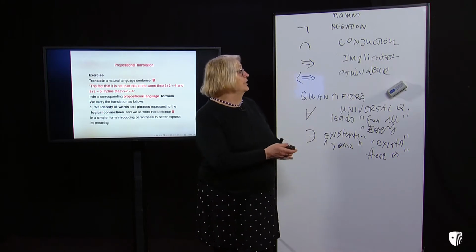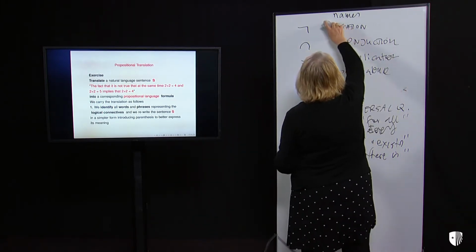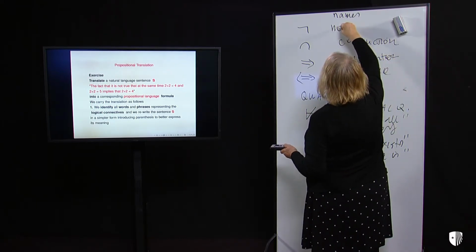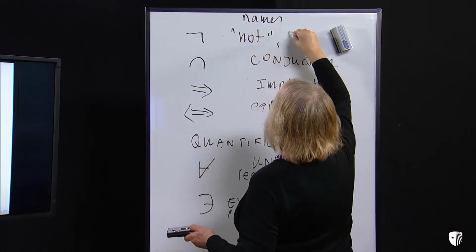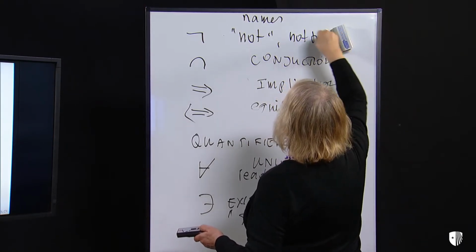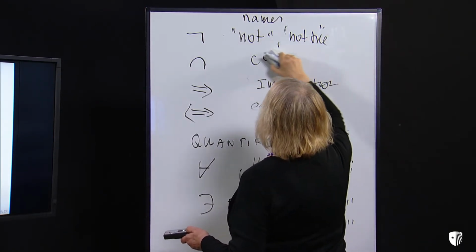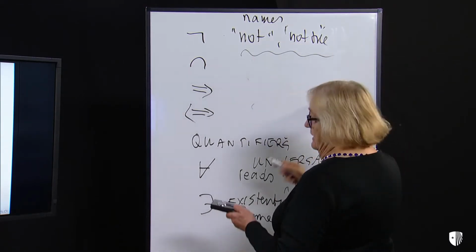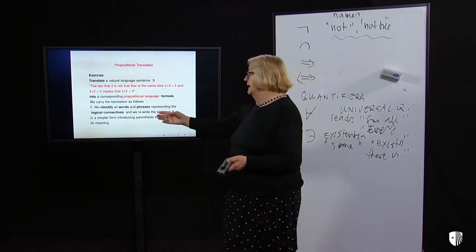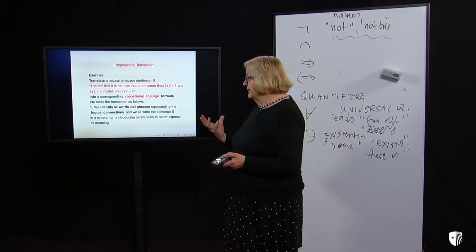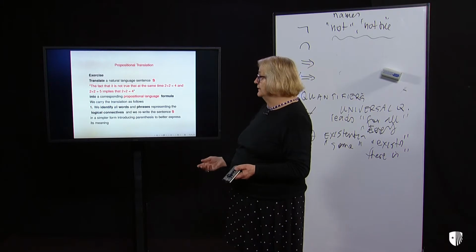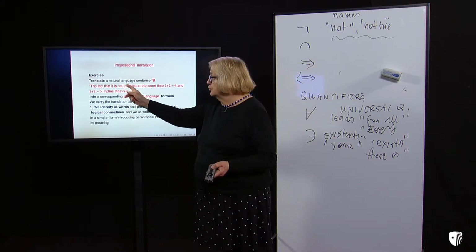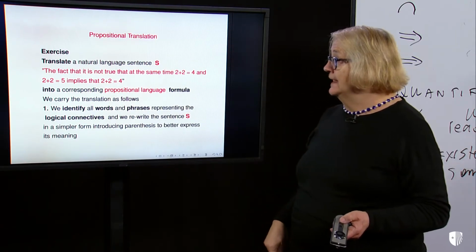The phrase "it's not true" is a negation. So you identify the phrases or names of your connectives. Here, "it's not true" would be negation.